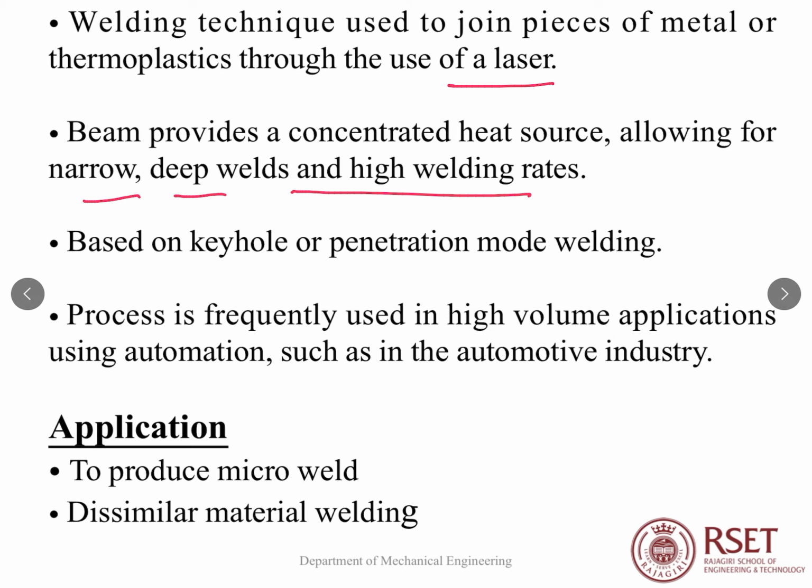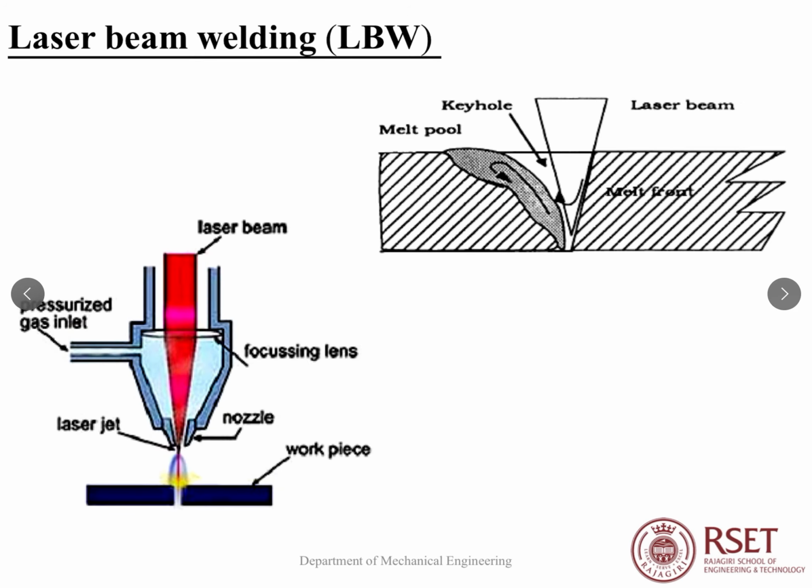The process is frequently used in high volume applications using automation, such as in the automotive industry. The application is to produce micro welds and dissimilar material welds. So that is laser beam welding.